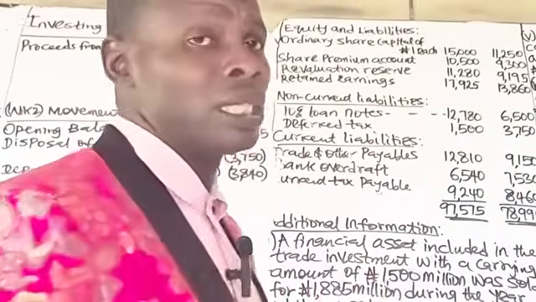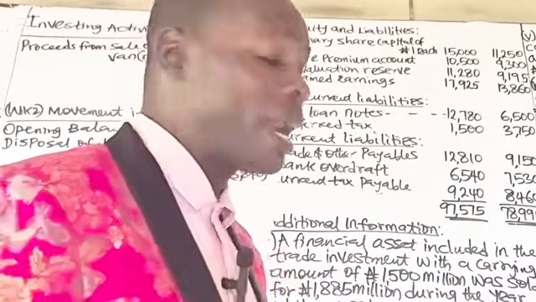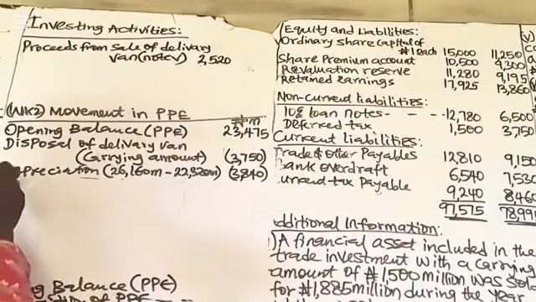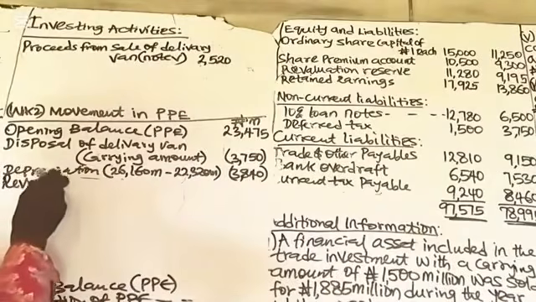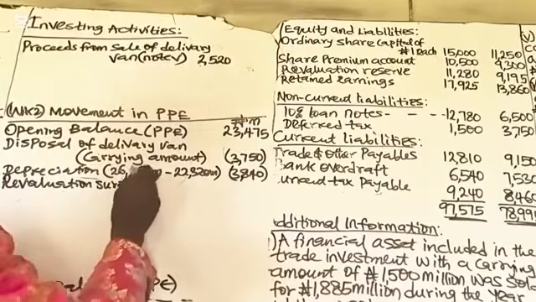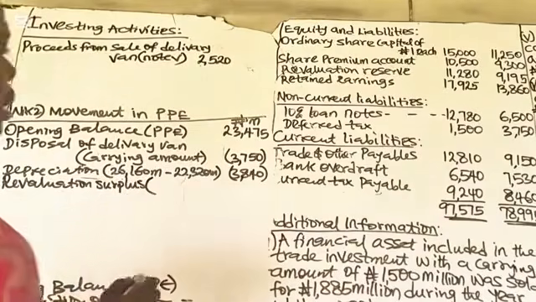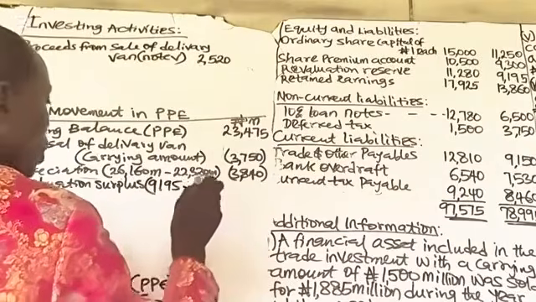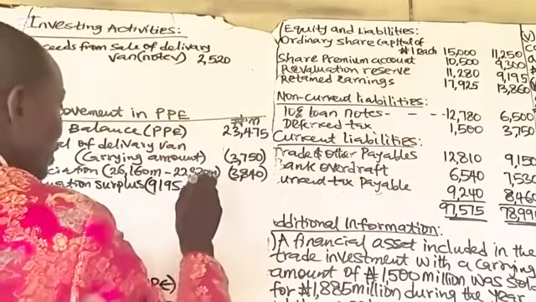So I know it is the PPE, the property, plant, and equipment that will be revalued. So you have revaluation surplus. The opening balance is 9,195, while the closing balance is 11,280.